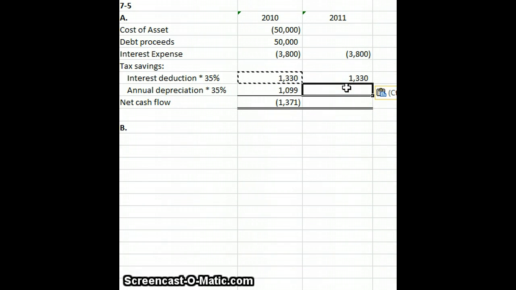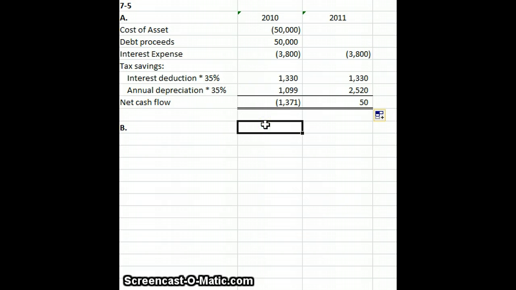Okay, my savings, again, that we calculated in number 4, we had $7,200 of depreciation expense times my marginal tax rate of 35% gives me $2,520. My net cash flow, you can do this easy way, copy it over, is $50. So I had a $50 positive cash flow from that.